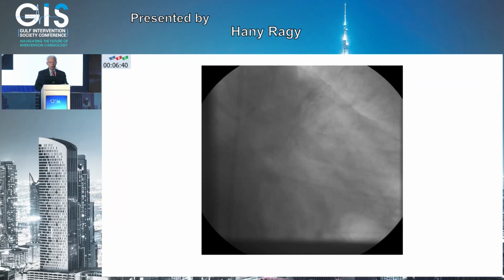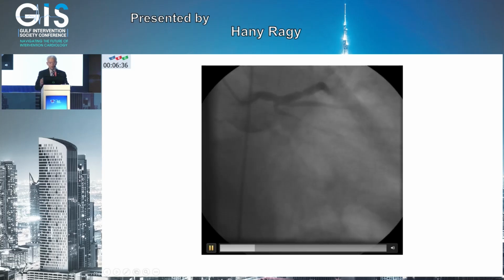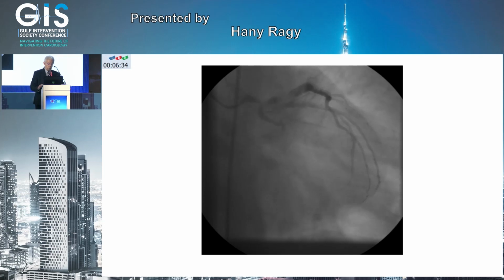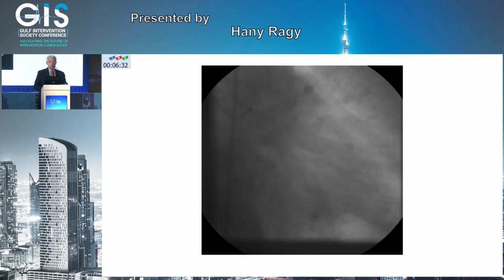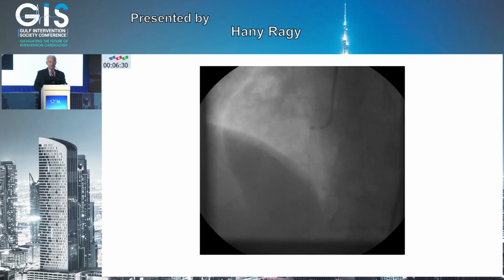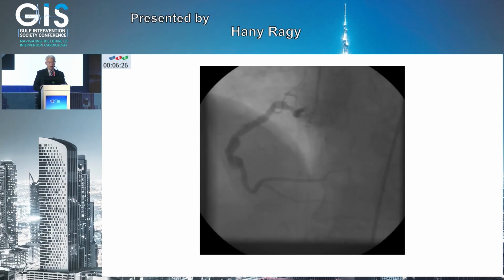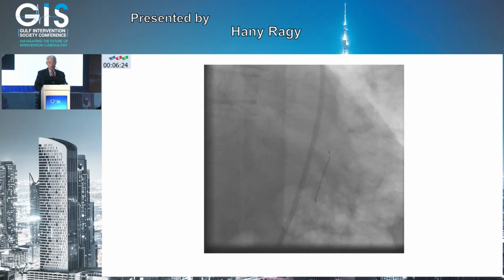This is an older patient from the second group, which is possible Kawasaki. There was a total circumflex occlusion, ectasia in the LAD, and ectasia in the RCA with aneurysms. Again, it was a failed angioplasty, too much thrombus.